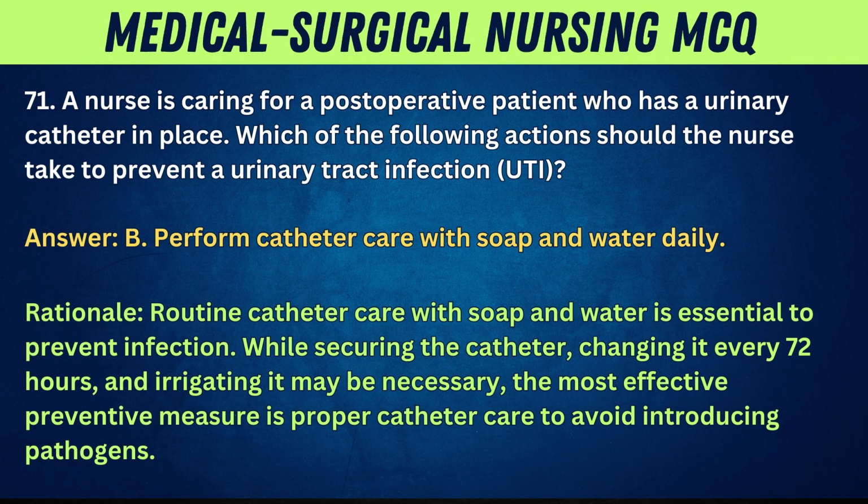Answer: B. Perform catheter care with soap and water daily. Rationale: Routine catheter care with soap and water is essential to prevent infection. While securing the catheter, changing it every 72 hours, and irrigating it may be necessary, the most effective preventive measure is proper catheter care to avoid introducing pathogens.